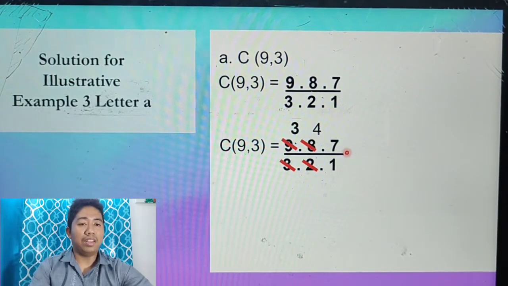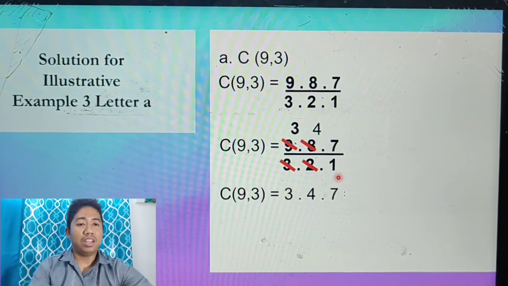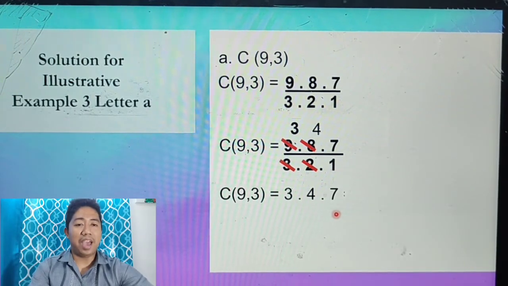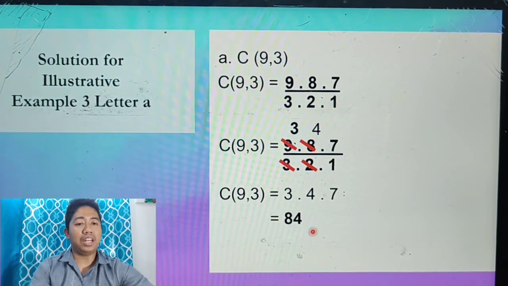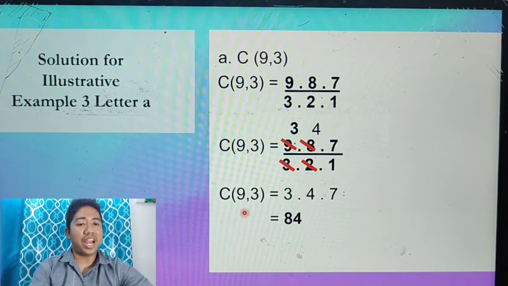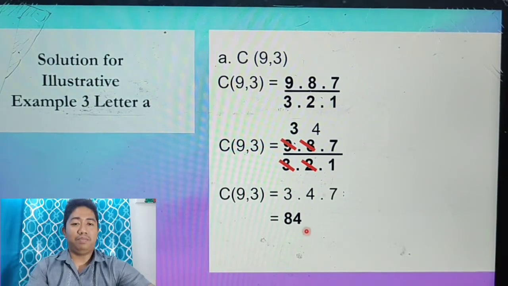Then 7. So 3 times 4 times 7, and we omit 1. So the combination of 9 taken 3 is equal to 3 times 4 times 7. The product of these three numbers is 84. And that is the value of the combination of 9 taken 3 at a time using the shortcut method.